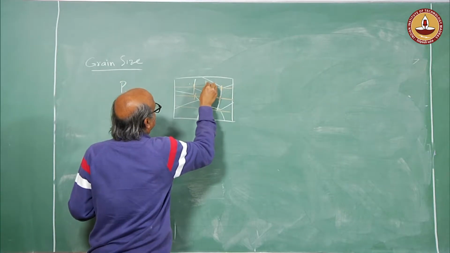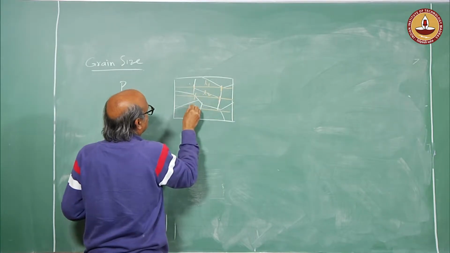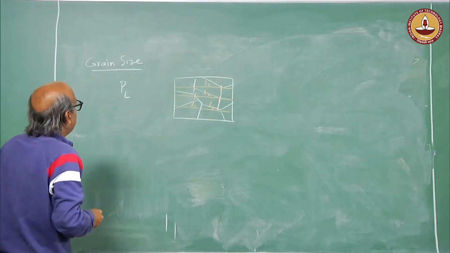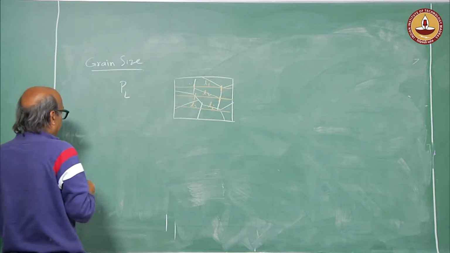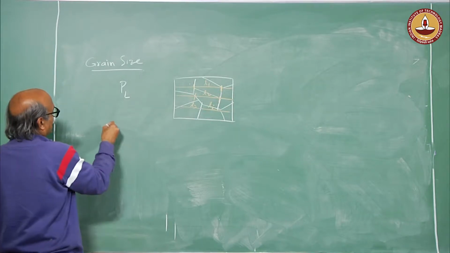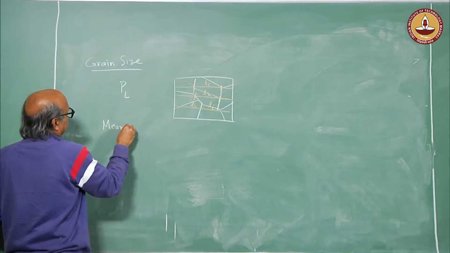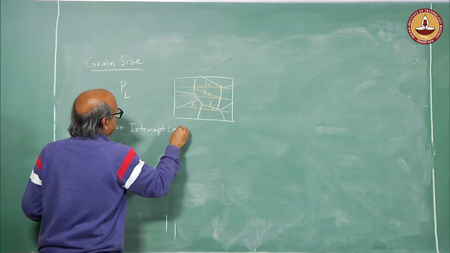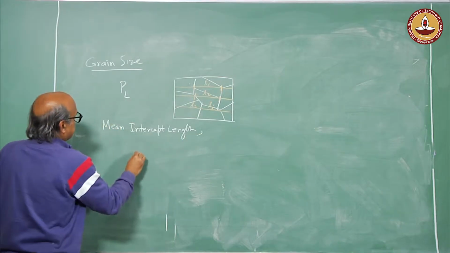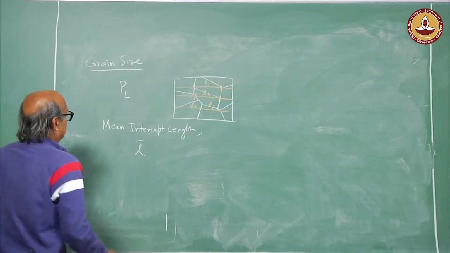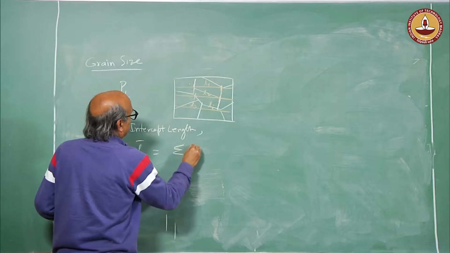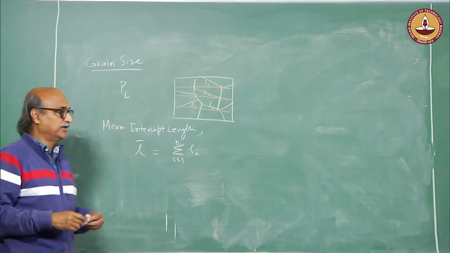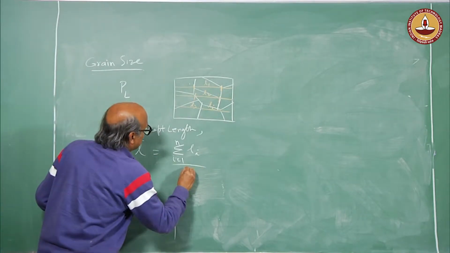So, I measure these intercepts L1, L2, this is L3, this is Li, and so on. And I can define a grain size measure as what is called the mean intercept length, L bar, which is nothing but the summation of Li, if I have n number of intercepts, take an average value.